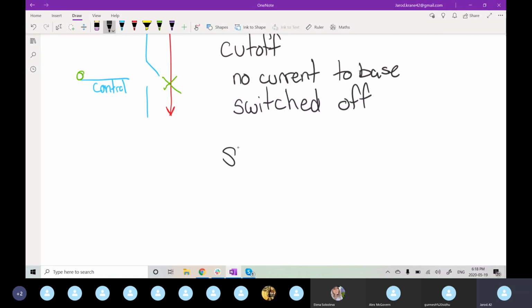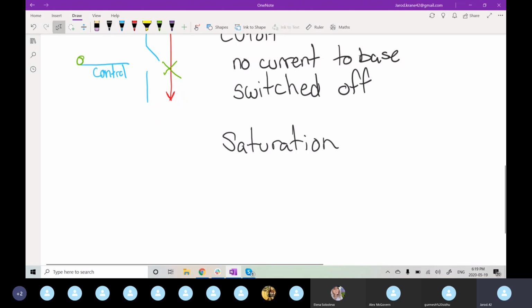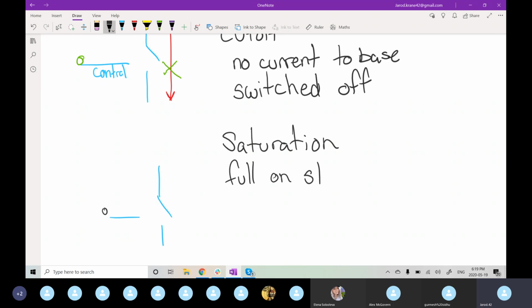Now we can run into saturation, which is when we are now going to actually be sending a signal on the control on our base pin, and this is typically known as the fully on state.